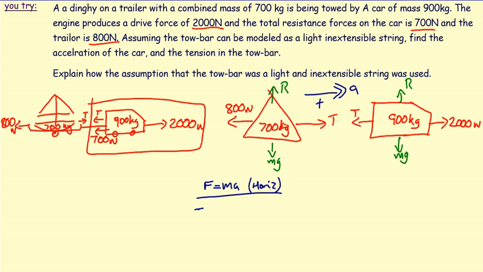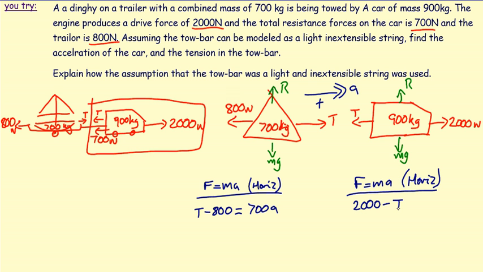So we'll have T minus 800 equals 700A, and over here for the car, again horizontally, we're going to get 2,000 newtons minus the tension, because this time the tension is negative, going in the opposite direction to our direction, equals 900 times A.